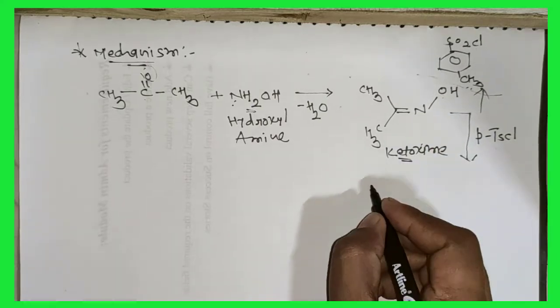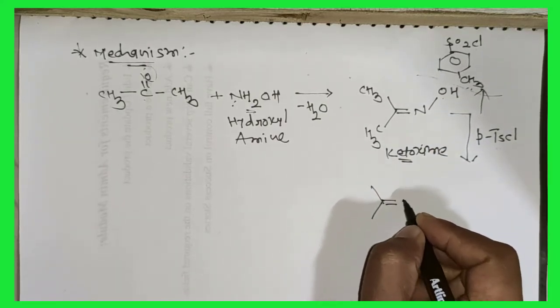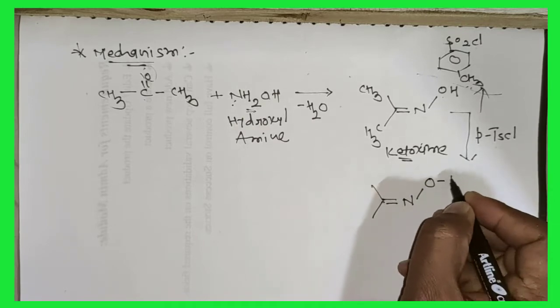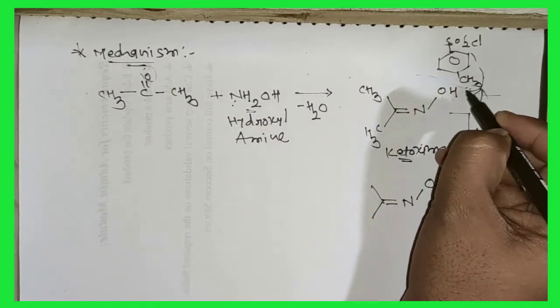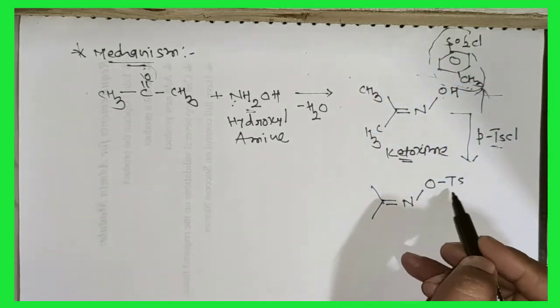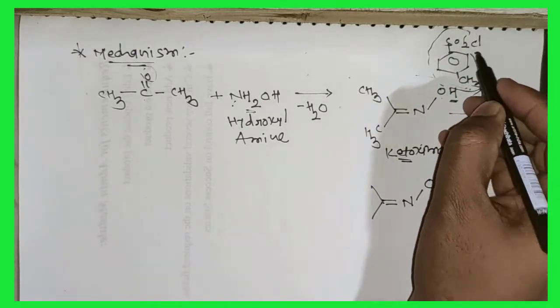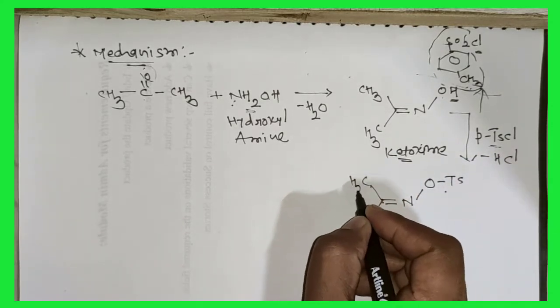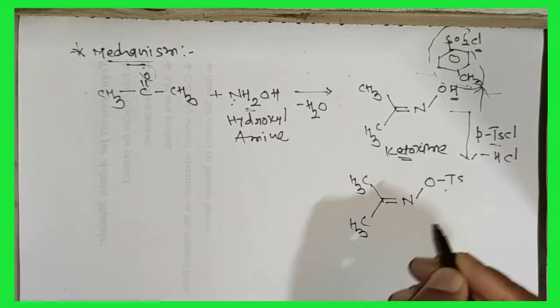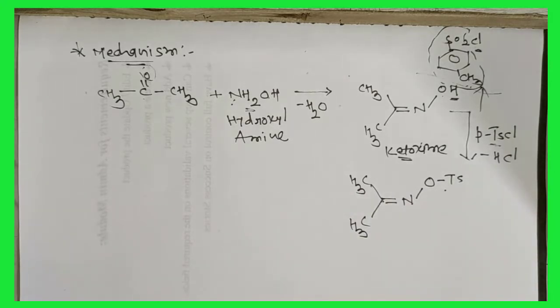So first of all it protects the oxygen. So here OTs is generated, meaning the tosyl part will connect with the oxygen. Hydrogen from here, chlorine from here. So here is the removal of HCl, right? So this is your starting material, tosyl ketoxime, or we can say ketoxime tosylate. Clear?